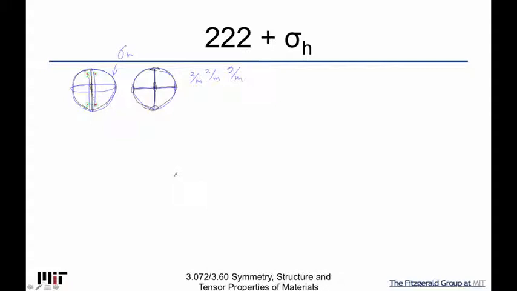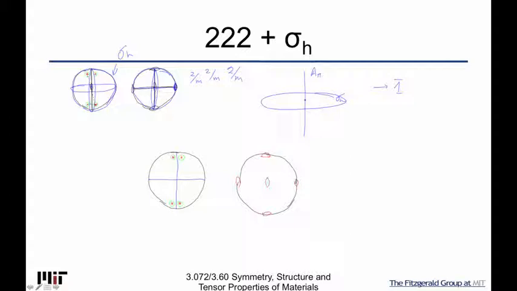Okay, so that's why what I have in each direction is a twofold axis with a mirror plane perpendicular to it. Now, that brings up an interesting thing, because recall, if I have a twofold axis and I have a horizontal mirror plane, that means I get an inversion center. So that means that there's actually an inversion center in there as well.